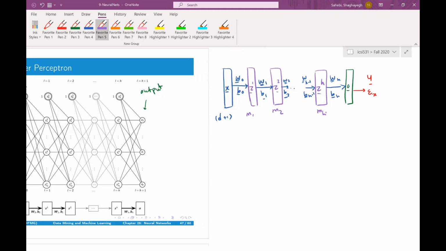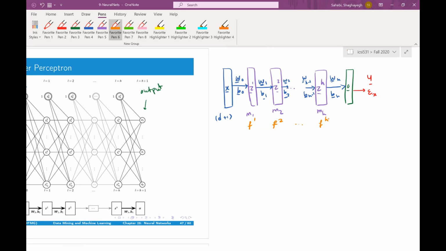For example, for the first layer, we are going to have F1, the activation function for the first layer, F2, the activation function for the second layer, until FH, the activation function for the last hidden layer. These activation functions are not necessarily the same. They can be the same, but they can also be different. We also decide this when we are designing the architecture.